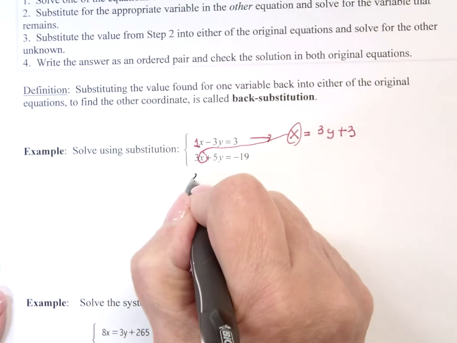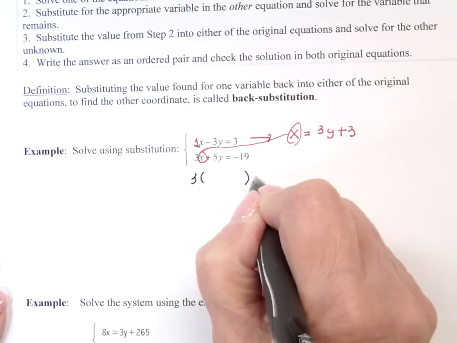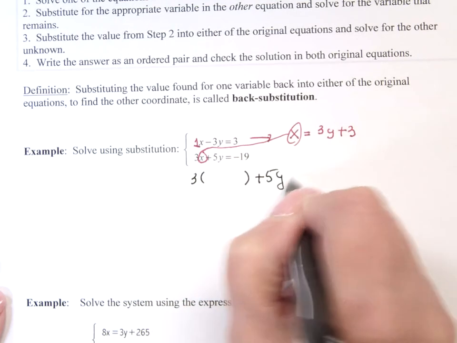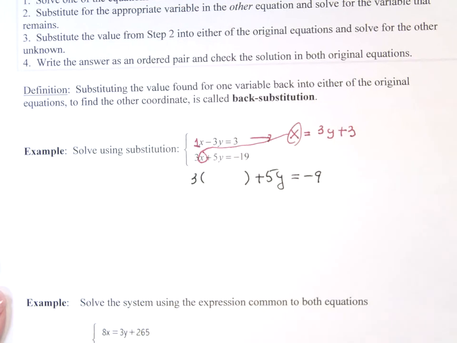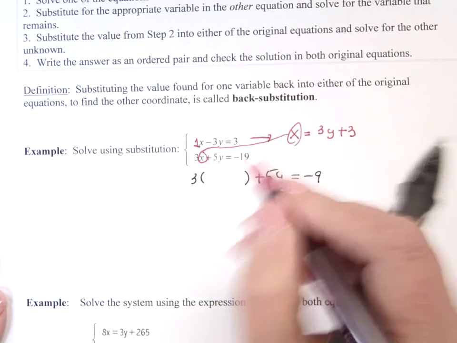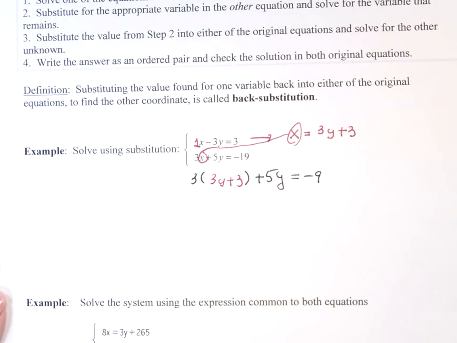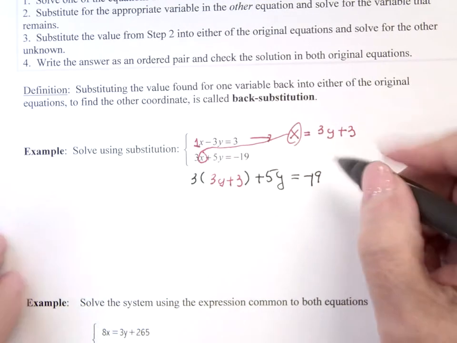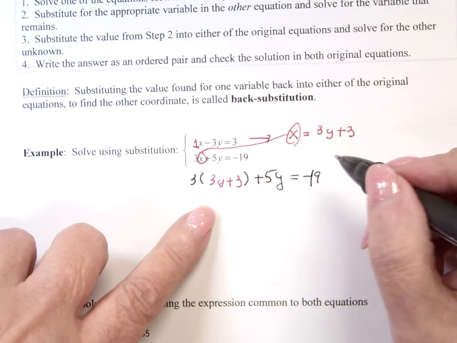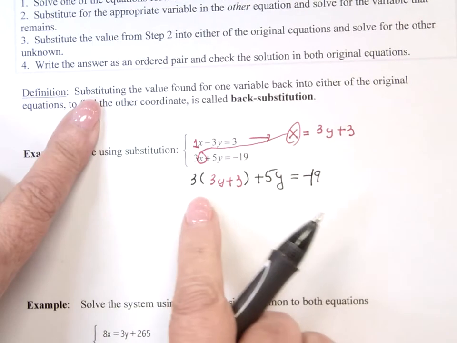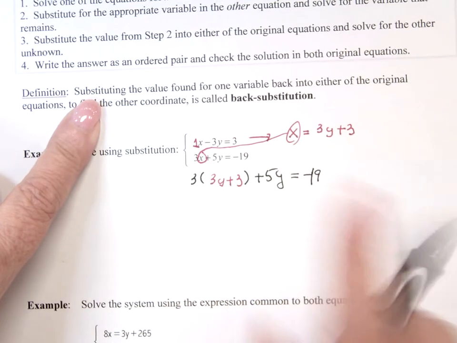So this says that 3 times x plus 5y equals -19. X happens to be 3y plus 3. And now all my equation's going to be in y, so I can find y.